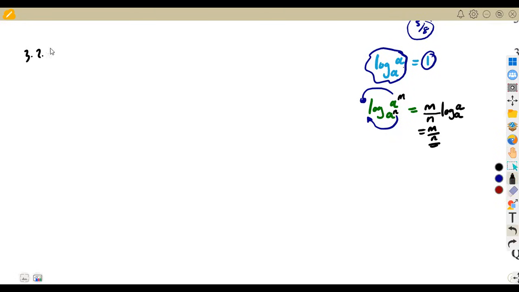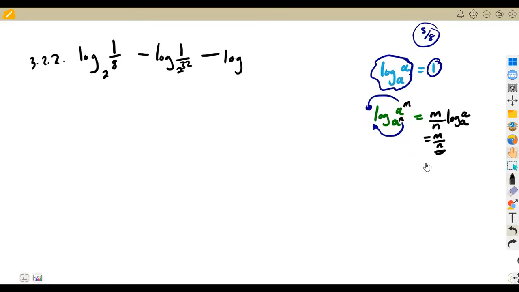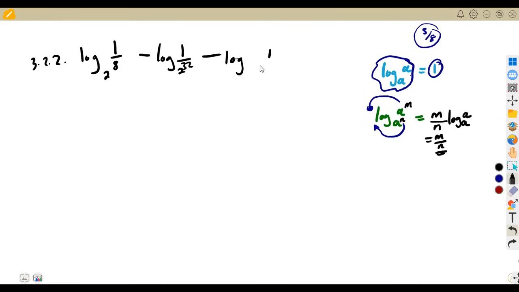All right, the logarithm was given as a fraction there: the logarithm of 1 over 8 in base 2, minus the logarithm of 1 over 32 in base 2, minus the logarithm of 1 over 4 in base 2.